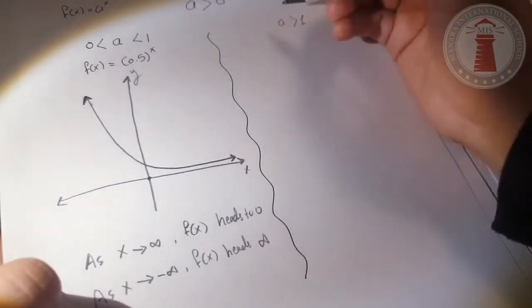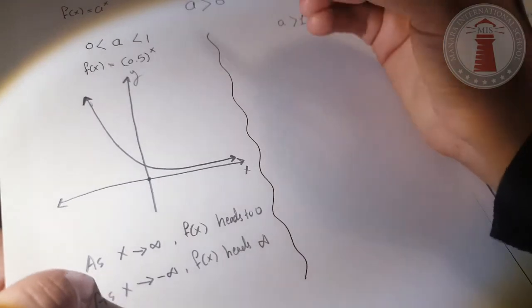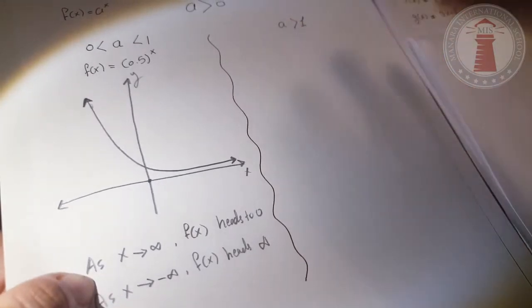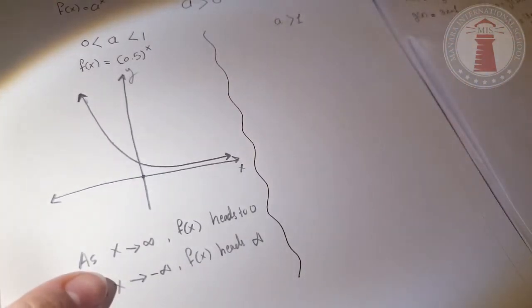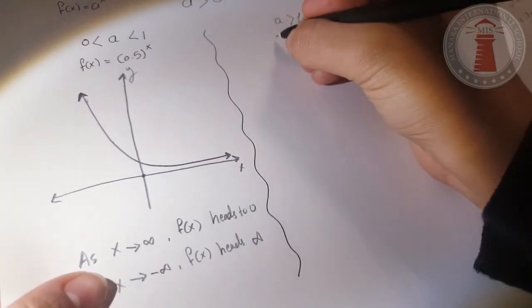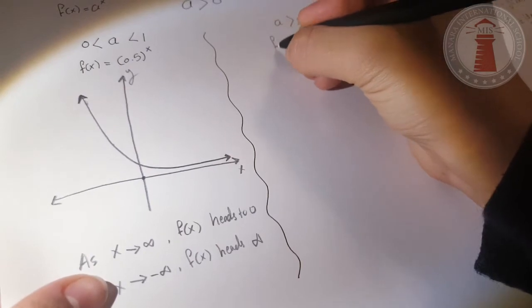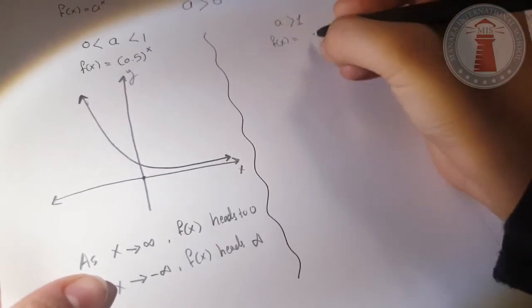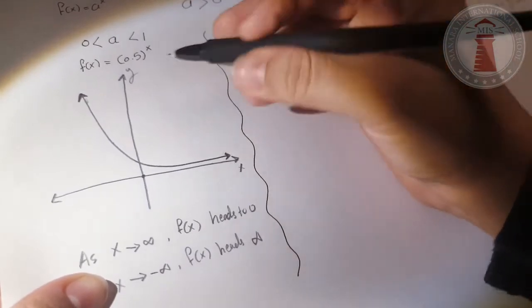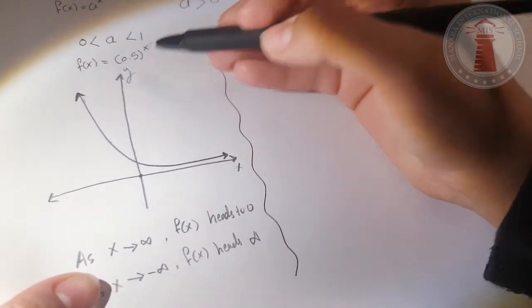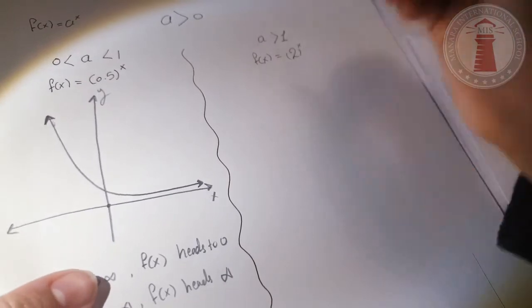In the other case, where a is greater than 1, let's start with the example, which is f of x equals 2 to the power of x. So instead of having half in here or 0.5, which is a decimal, we're having 2.